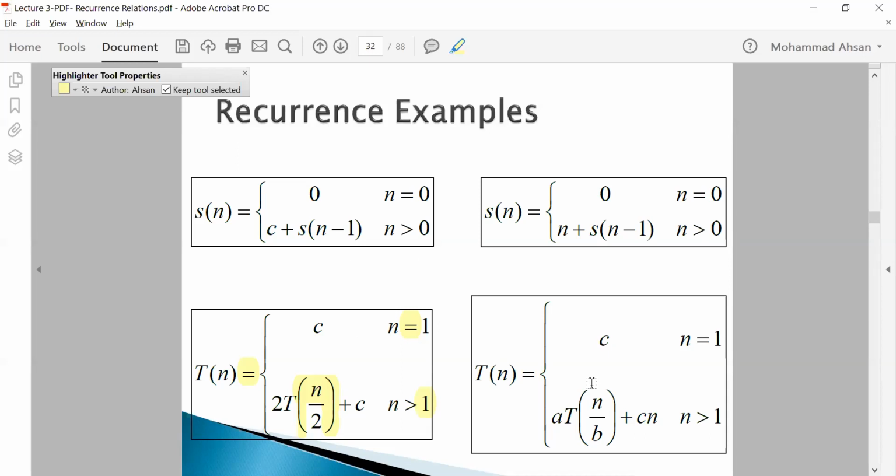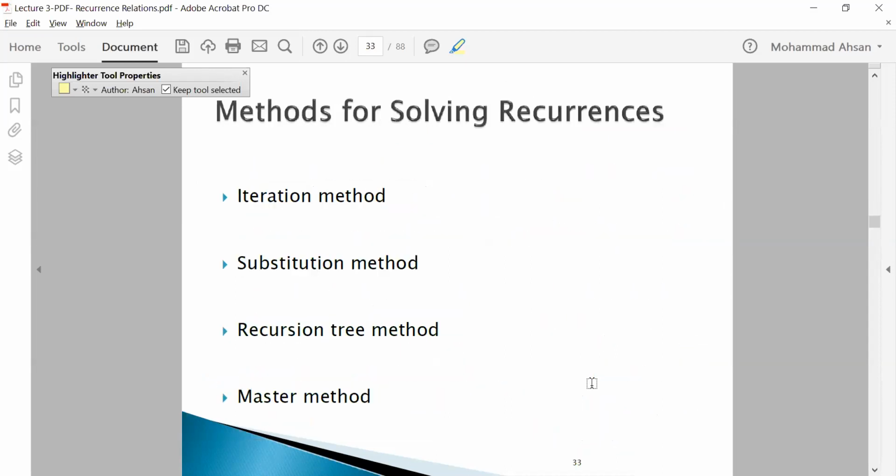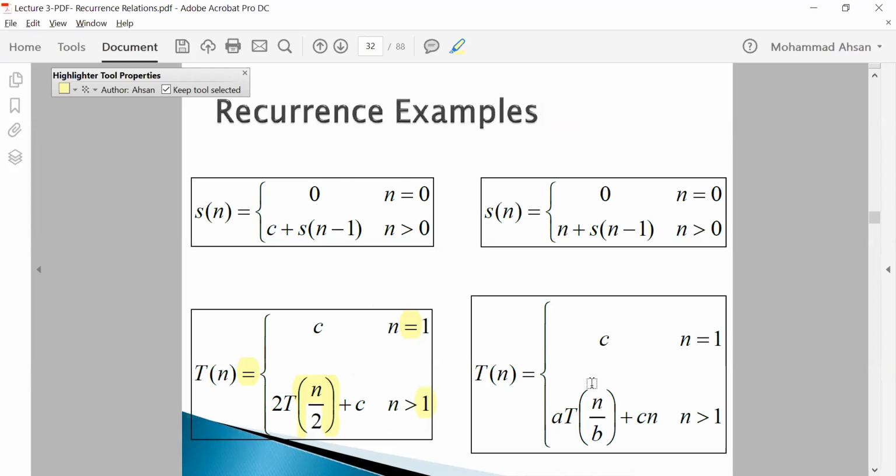Once you get this equation, let's do it here.